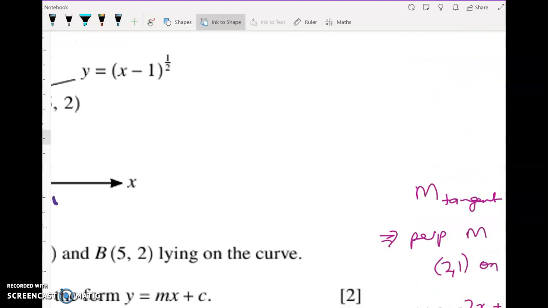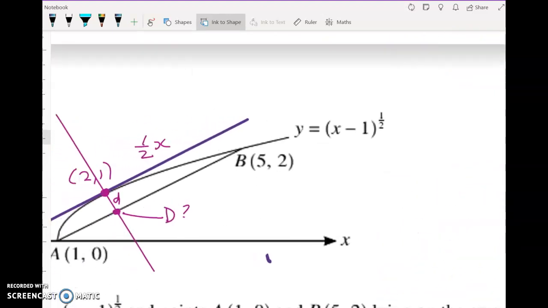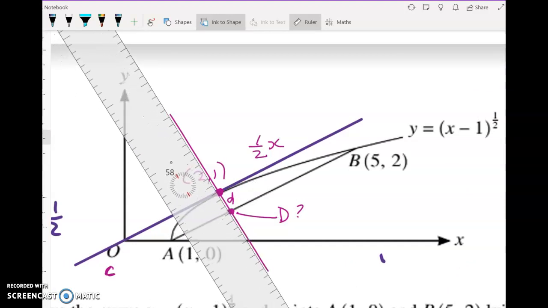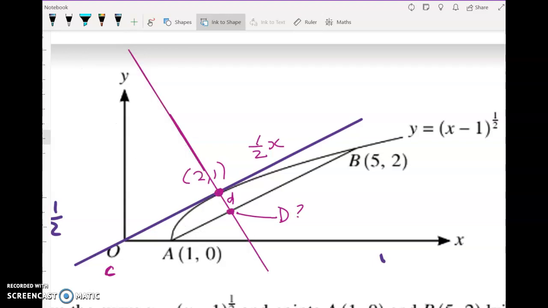Let's draw that on and just see if that looks about right. Yeah, you can see that it absolutely looks right because the y-intercept is really, really high, and it's going off up there. Okay, so what's left now is to say, well, this line here is y equals 1/2 x minus 1/2. And this line here is y equals negative 2x plus 5.